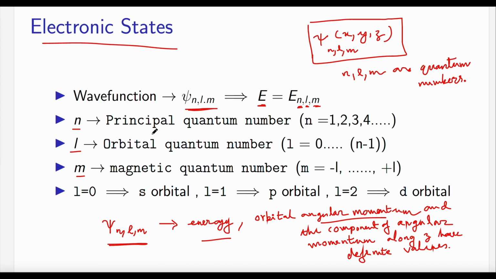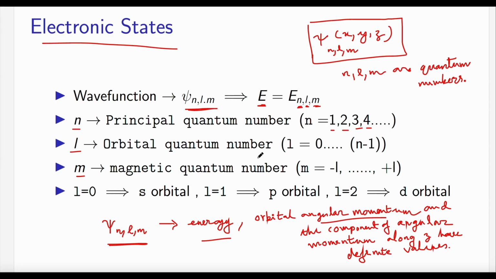Here, the principal quantum number can take only integer values. So n can have the values 1, 2, 3, 4, and so on, carrying on till infinity. The orbital quantum number is dependent on the principal quantum number.